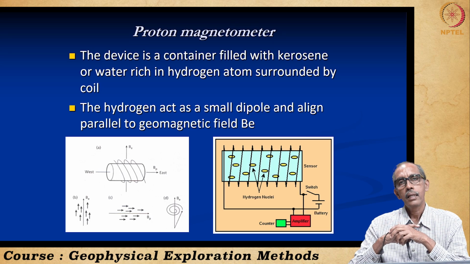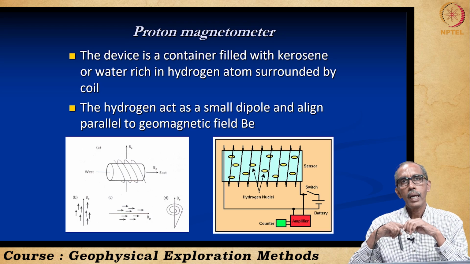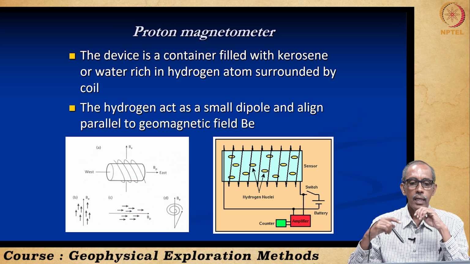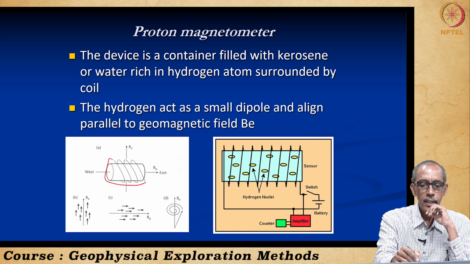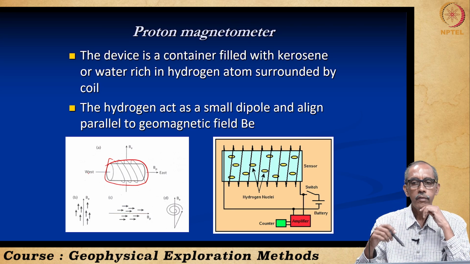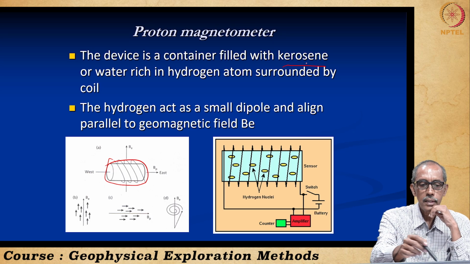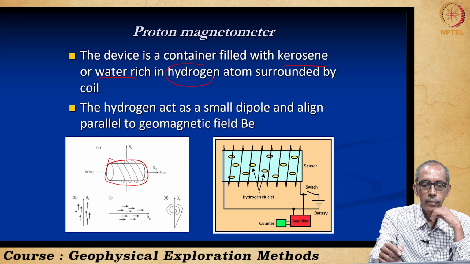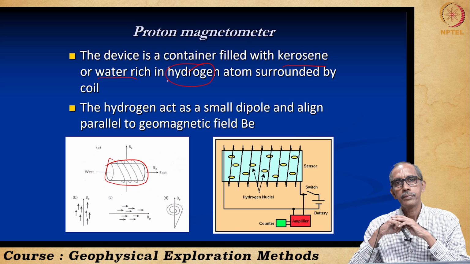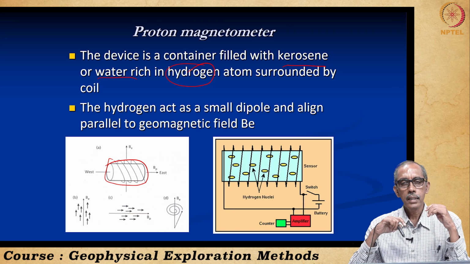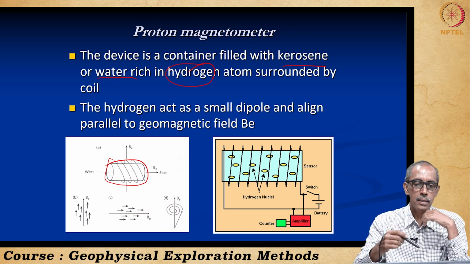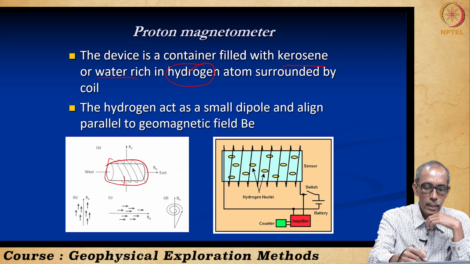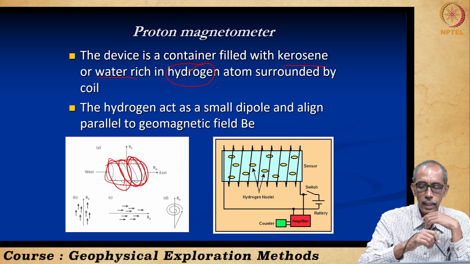Then the proton precision magnetometer: instead of a magnet here, we have a small container. This container is filled with some liquid such as kerosene or water, which is rich in hydrogen atoms. This vial is surrounded by a magnetic coil, as you see in this diagram.